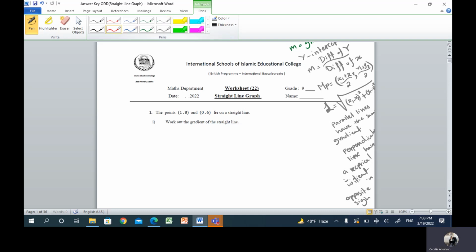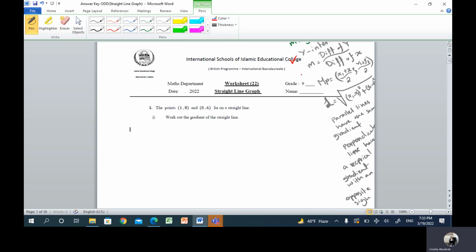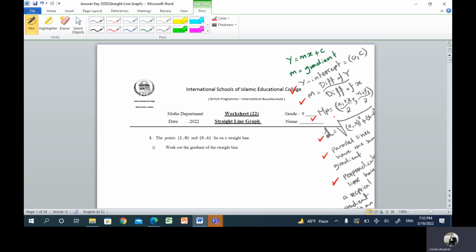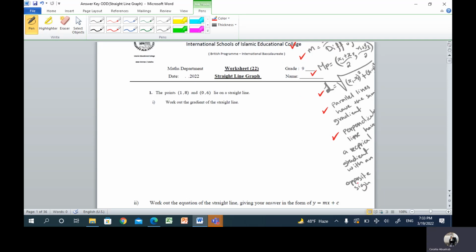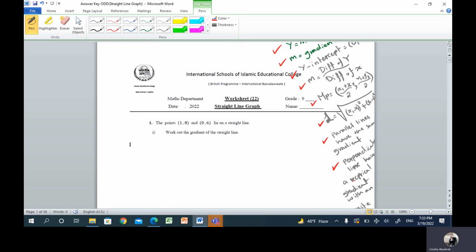Okay, so we have 8 facts that we are going to rely on in answering the following worksheet, and I'm going to explain them further.